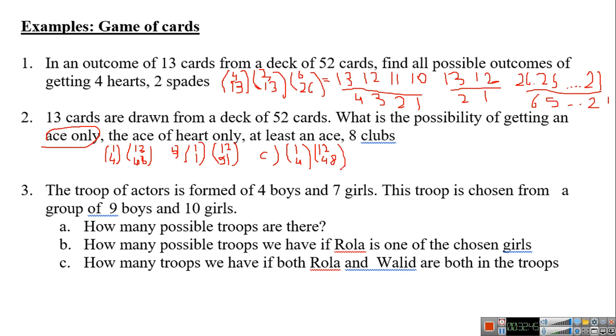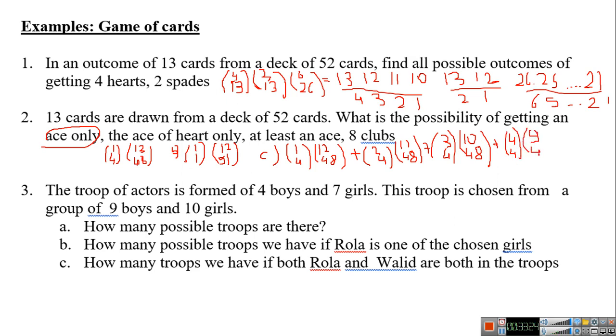Or 2 aces and 11 cards not aces, or 3 aces and 10 not aces, or 4 aces out of 4 and 9 cards not aces.